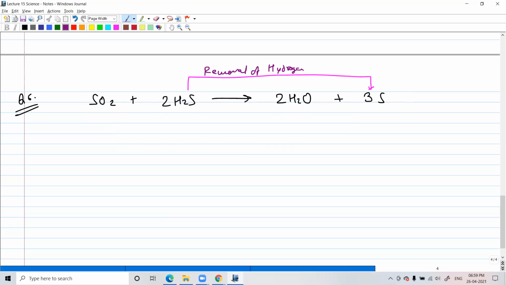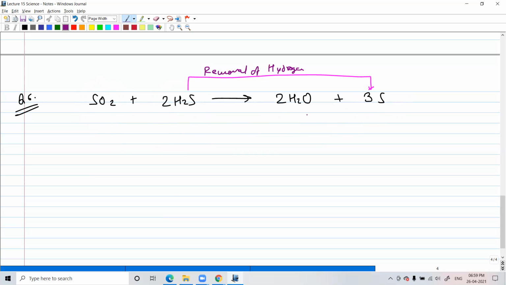See, this might be confusing. You might be thinking something should have got reduced to H2O, but that's not what is happening. Because like I said, we can't take either oxygen or even this to H2O because none of the compounds is alone over here. Here you have SO2, here you have H2S. In both these cases, we have sulfur as the common thing, and we saw that here hydrogen got removed, and in this case, oxygen got removed.